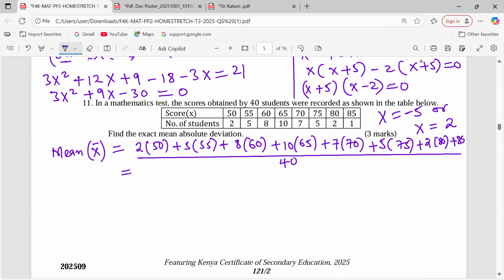I'm getting 2615 out of 40 students. So when I divide these, I'm getting 65.375. I'm assuming that is the right mean.